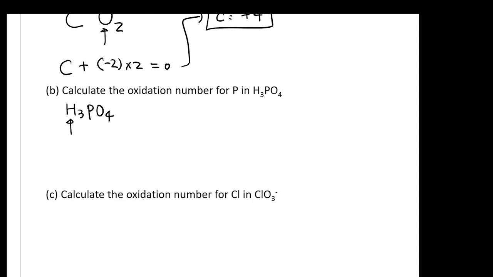If you have a compound where hydrogen shows up, it carries +1, and you have 3 of them, so there's 3 times +1. Phosphorus, you don't know the oxidation number yet; that's what you want to calculate. For the oxygen, you have 4 of them, and oxygen always carries -2. All of these add up to 0. Therefore, this is going to equal +5.